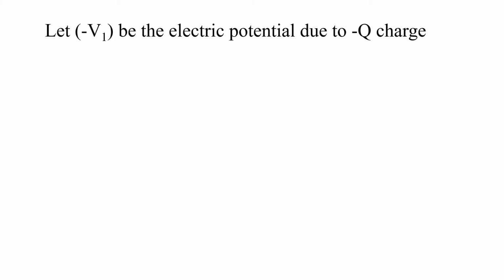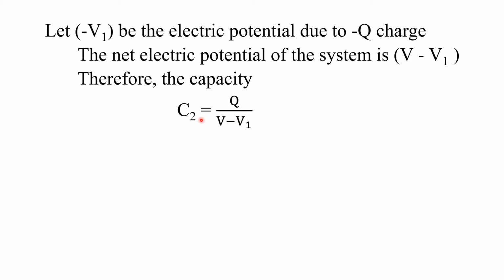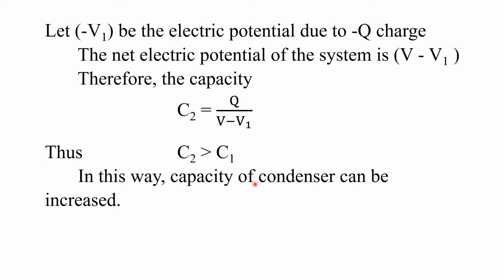Let minus V1 be the electric potential due to negative charge. The net electric potential of the system is V minus V1. Therefore, the capacity C2 is equal to Q upon V minus V1. Thus, C2 is greater than C1. In this way, the capacity of a condenser can be increased.